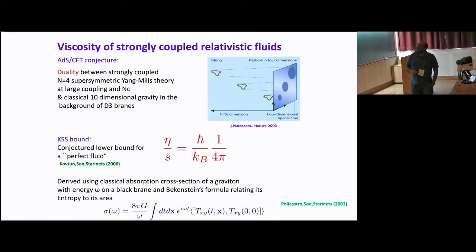And in fact, there's a really wonderful example, which comes from holography, specifically the AdS/CFT conjecture, which, as many of you know, is a duality between strongly coupled N=4 supersymmetric Yang-Mills theory at large 't Hooft coupling and large N_c, and the duality between that theory in 4 dimensions and classical 10-dimensional gravity in the background of D-branes here. So you can understand this correspondence as a hologram of this 10-dimensional dynamics as being equivalent to dynamics that's going on in this boundary here.